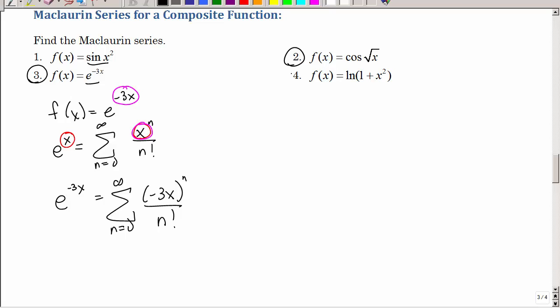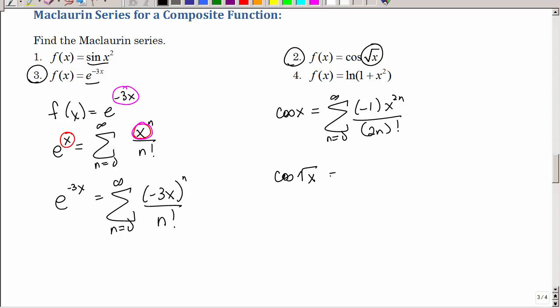What about this one? We developed that the cosine of x was equal to this series: negative 1 to the n, x to the 2n over 2n factorial. So now I want the square root of x. So I can say this, cosine of the square root of x, still negative 1, it's still 2n factorial, but in place of x, what am I going to replace it with?